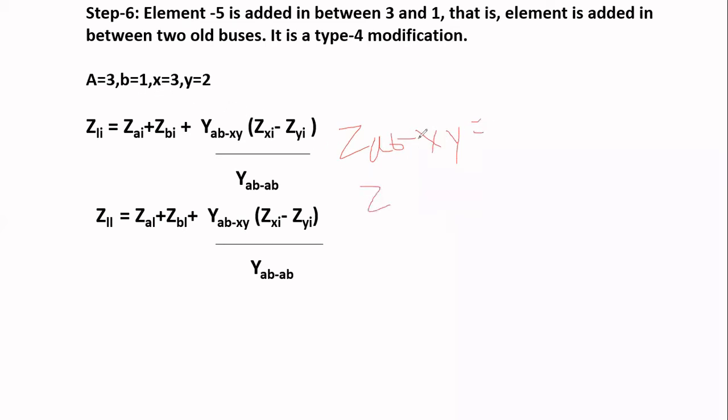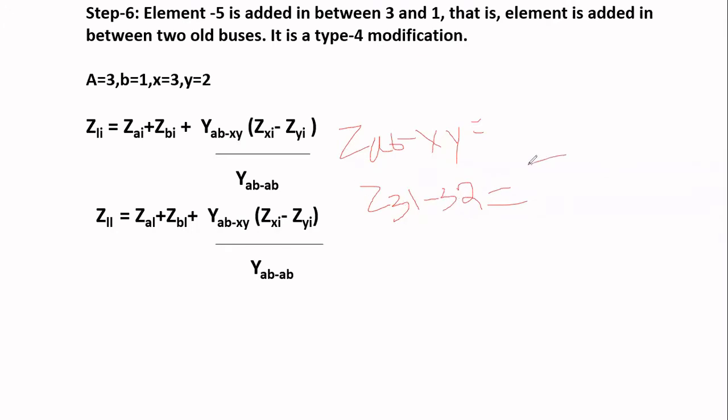Where A is equal to 3, then B is equal to 1. That means Z31 and XY is 32. Z31 and 32. First we form the Z31 and 32 matrix. After that we determine the Y31 and 32 matrix.